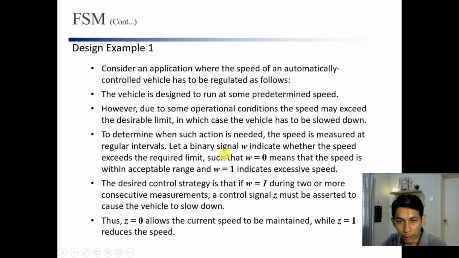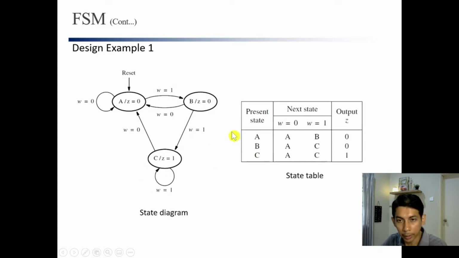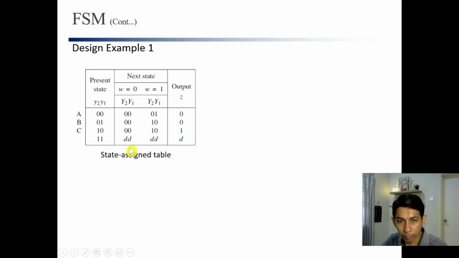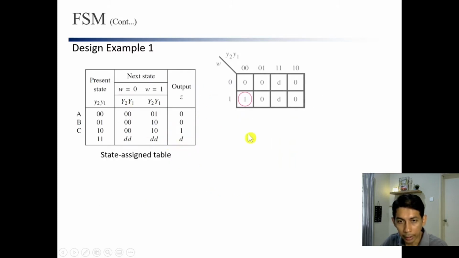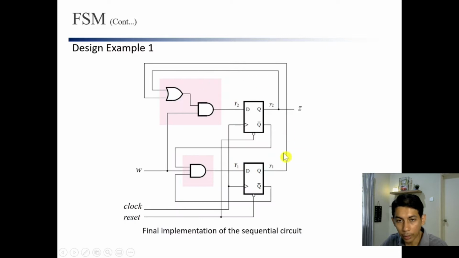So last week we looked at this example where we have the state diagram, the state table, and the state assigned table. We derive the Boolean equation, and after that we produce this circuit.